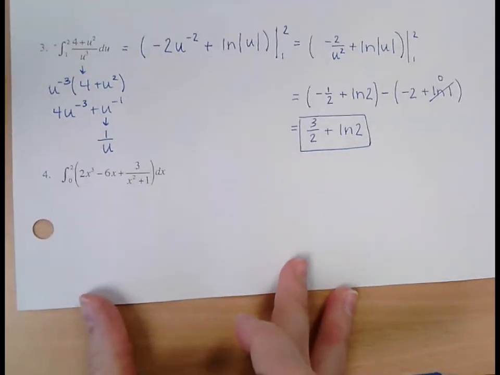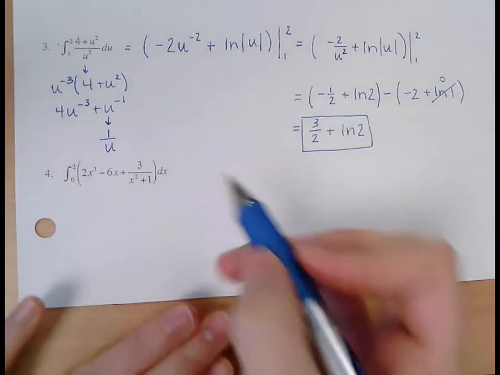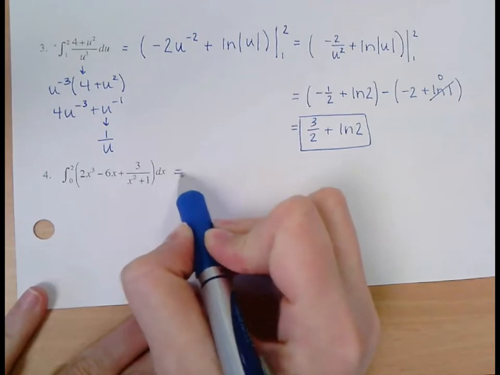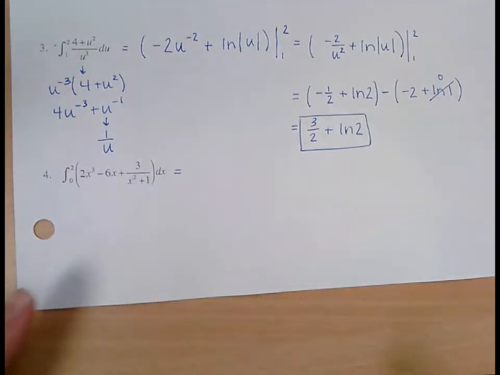Any questions on 3? Okay, and then for number 4, integral from 0 to 2 of 2x cubed minus 6x plus 3 over x squared plus 1 dx. So we need an antiderivative for this expression.